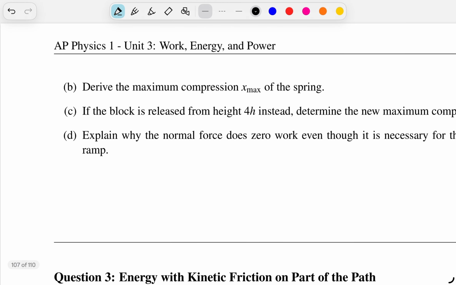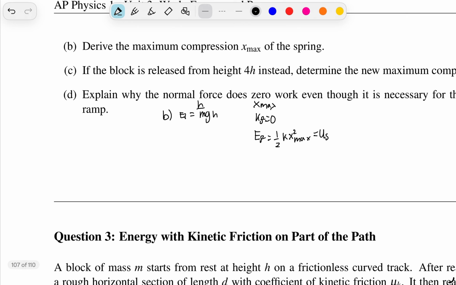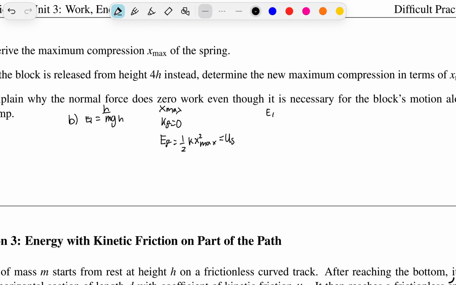So we can write out our energy equation. Again, for part B, energy initial is equal to mgh at the top when you're at height h. Then at X max compression, your kinetic energy is equal to 0, and your final energy is equal to 1/2 kx squared max, just all potential energy. By conservation of energy, we can set our initial equal to our final: mgh is equal to 1/2 kx maximum squared.